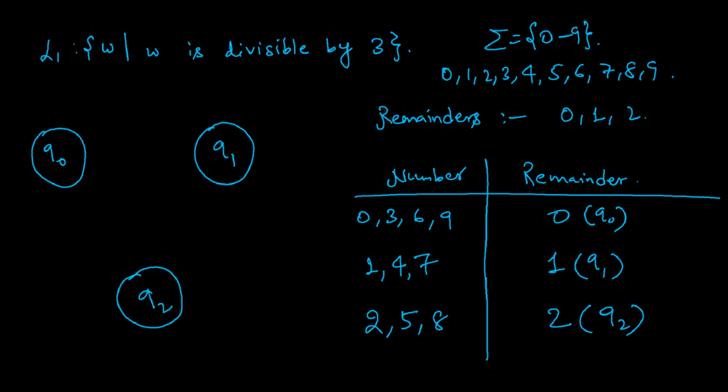The initial state would be Q0. Because Q0 represents remainder 0, it means the string is divisible by 3, so you make Q0 the final state also.